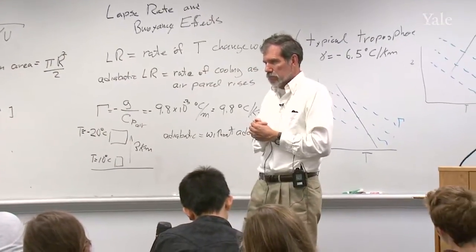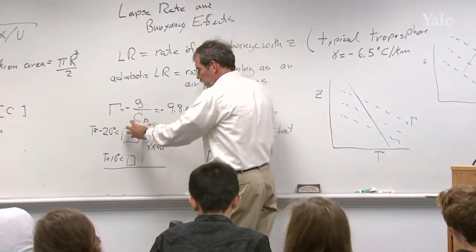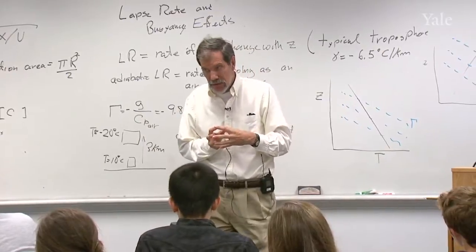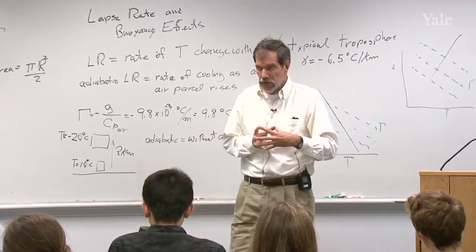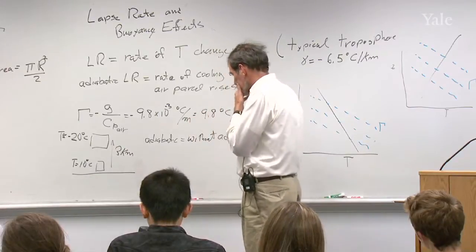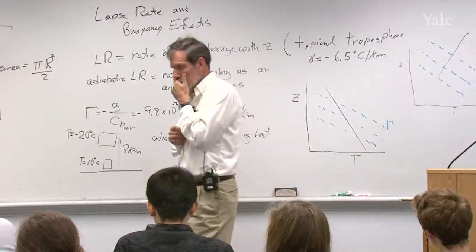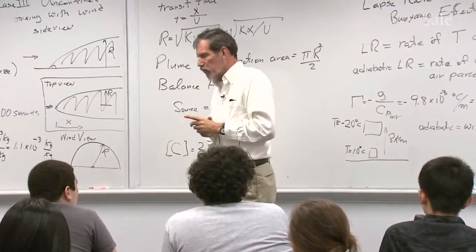Now remember I said this is reversible. If I take that parcel and move it back down, it'll compress back down to its original volume, and it'll return to its original temperature. So it's a reversible process. Are we assuming that the parcel there was on the ground or near the ground? The question is whether we're assuming it was on the ground. No, not necessarily.